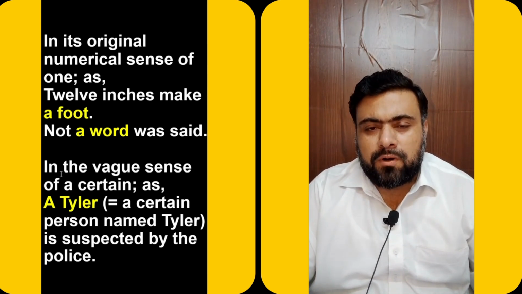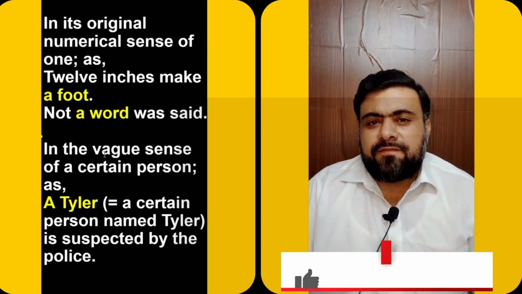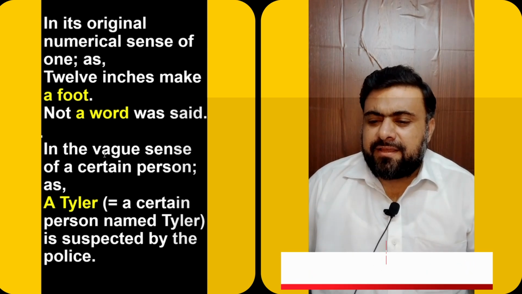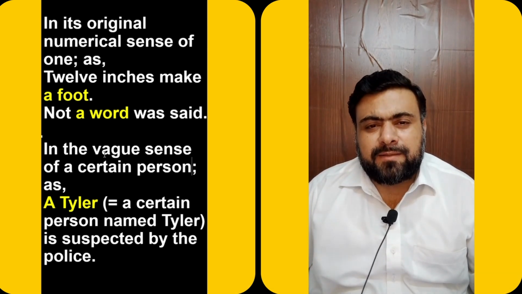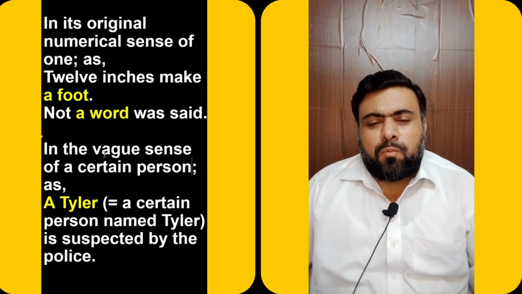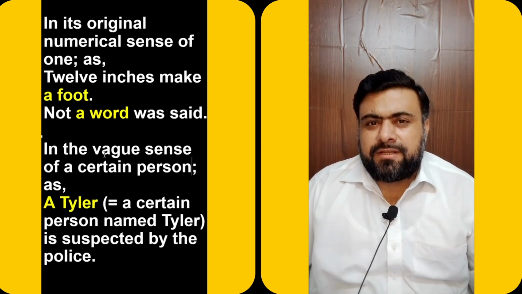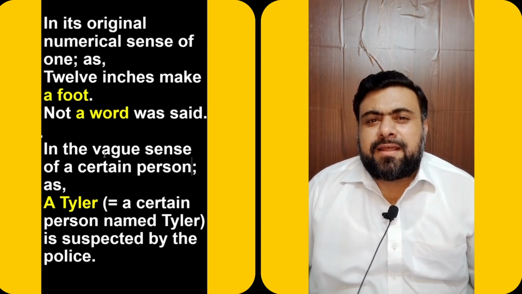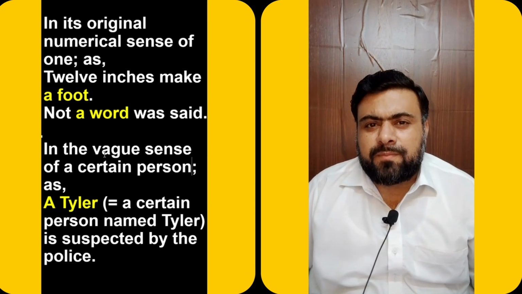Not a single word was said. In the vague sense of a certain person. For example, if I say a Tyler is suspected by the police, I don't know which Tyler people are talking about, whether his name is actually Tyler, but I have heard that there is a person named Tyler and he is wanted by the police.